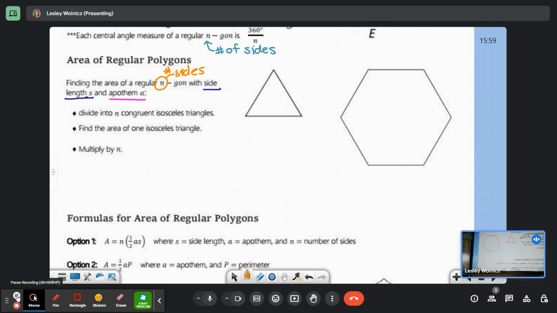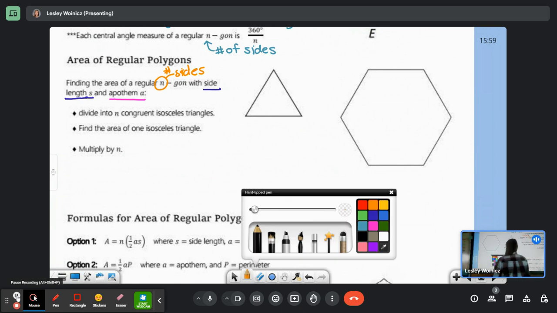We're going to divide the polygon into n congruent isosceles triangles. So let's do that.